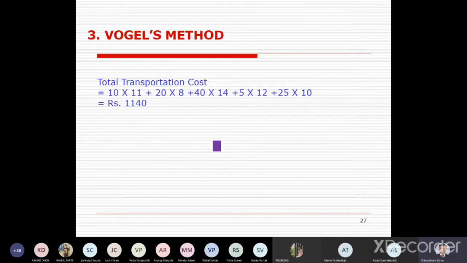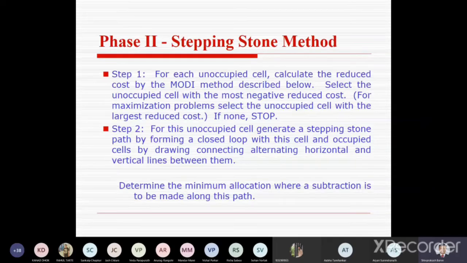So if it is not mentioned anywhere which method is to be used, first you have to try the least cost method. Second priority is given to Vogel's approximation method, and third priority is given to the northwest corner method. So these three are the initial feasible solution methods.